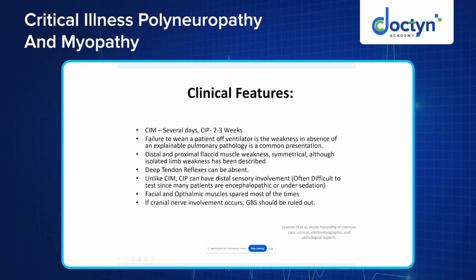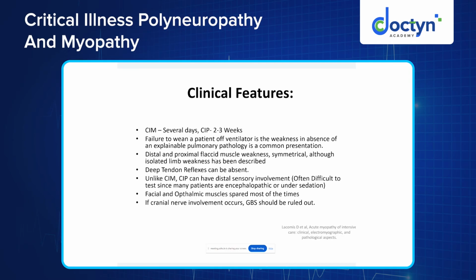Clinical features when we talk about CIM. CIM can occur within several days, whereas CIP takes 2 to 3 weeks. Probable clinical features: failure to wean a patient off the ventilator, with weakness in the absence of unexplainable pulmonary pathology, is a very common presentation.